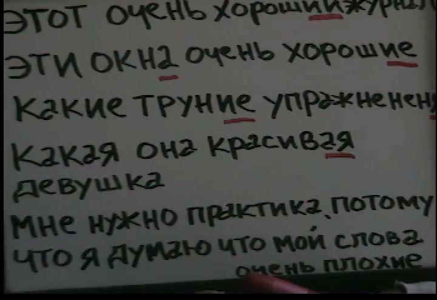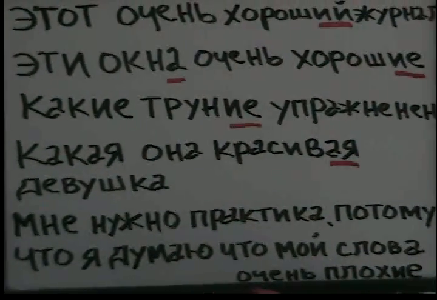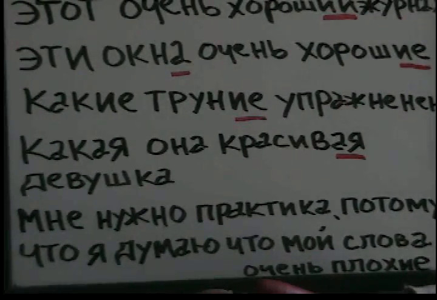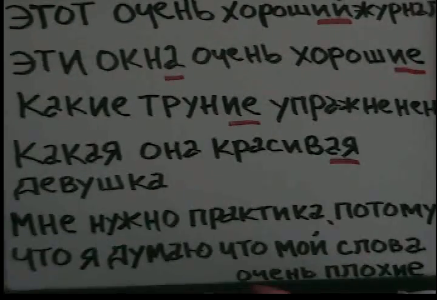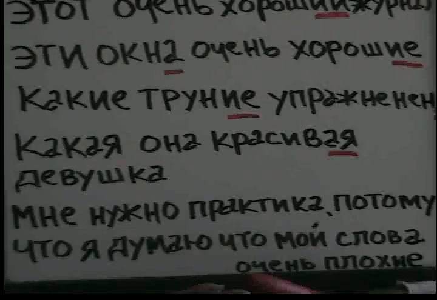We drop the i kratkoe and add aya, to make it pretty or beautiful. Devushka is a girl, female. So everything is feminine now.